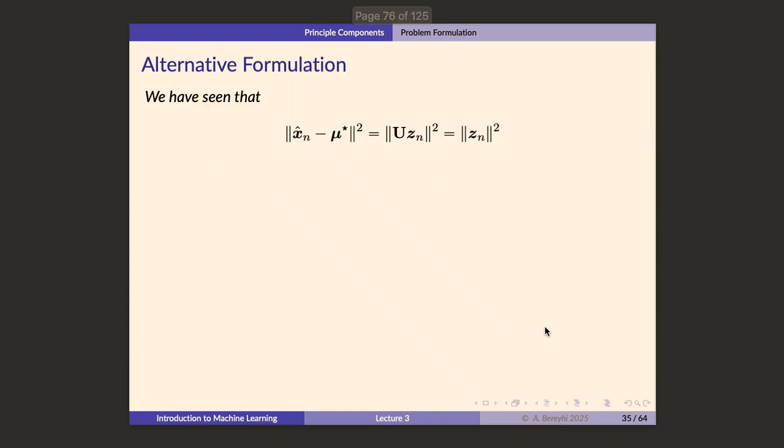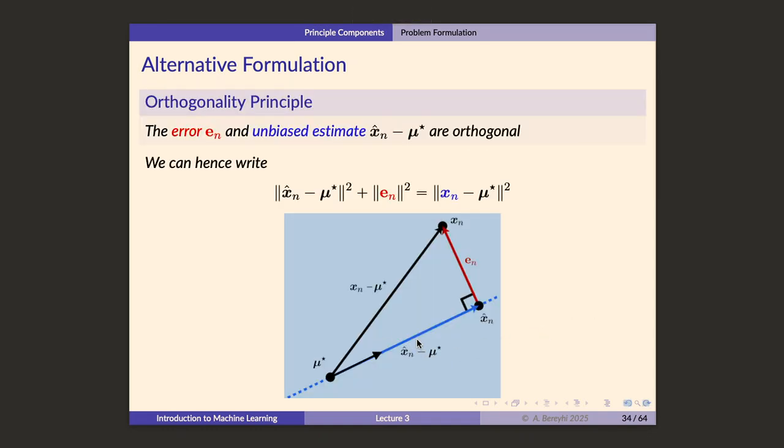Because now I can simplify everything much better. First of all, if I compute this particular norm, it's quite easy. You can just try it by simple vector matrix product.